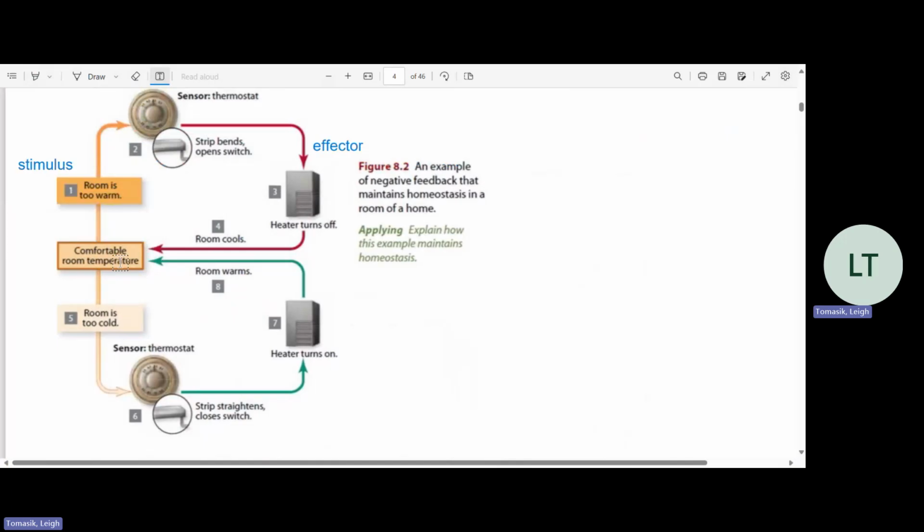What happens if your room gets too cold? Okay, it was a comfortable temperature for a while, but now instead of 23 degrees, it's 20 degrees, and you're starting to get cold.